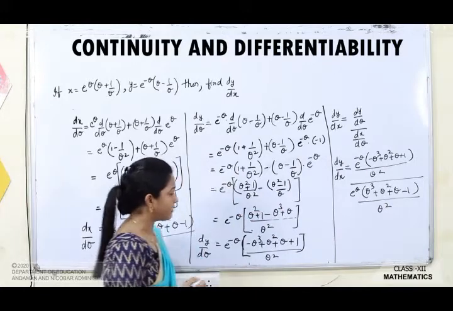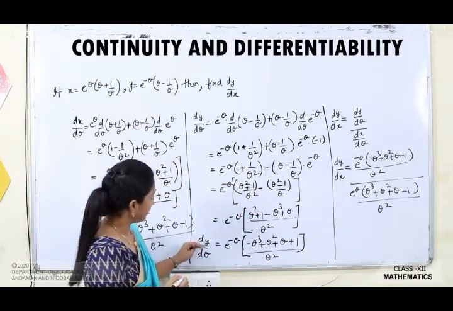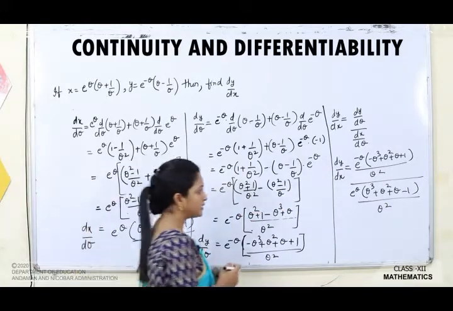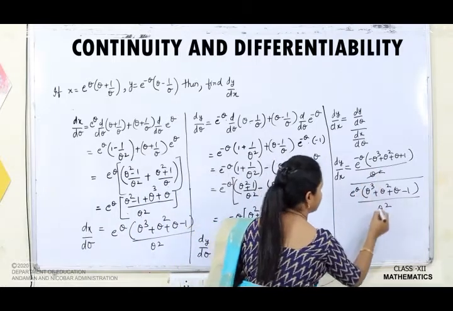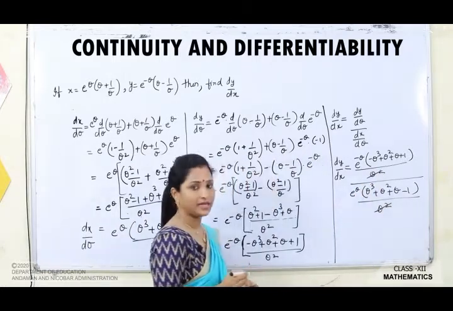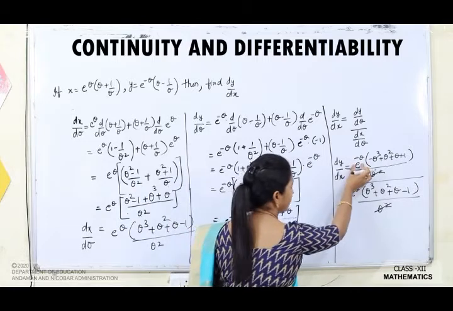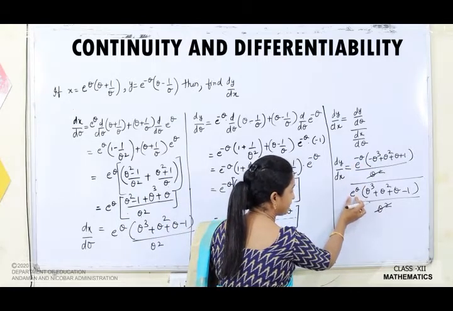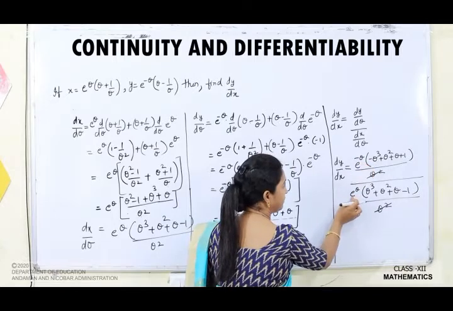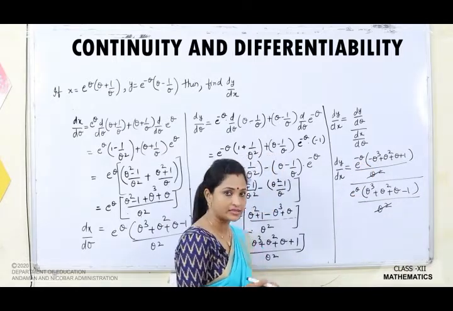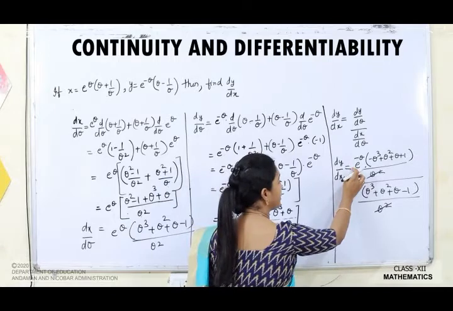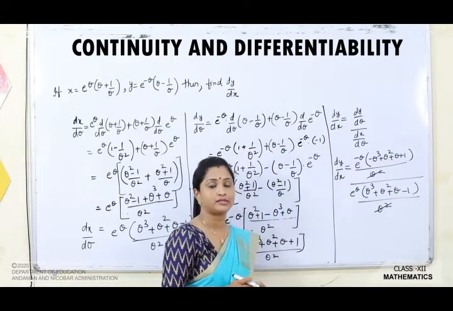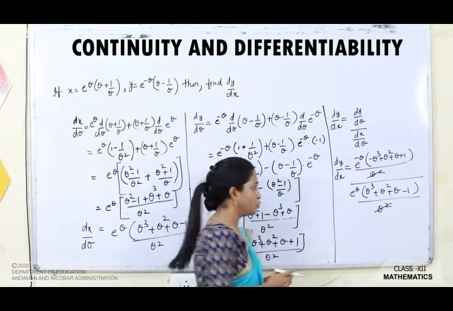We have substituted the value of dx by dy by d theta and dx by d theta, and we will observe that this theta square gets cancelled out, and this is your e power minus theta, this is your e power theta. Now e power theta, when you take to the numerator, it will become what? E power minus theta, and you can simplify e power minus theta into e power minus theta as e power minus 2 theta.